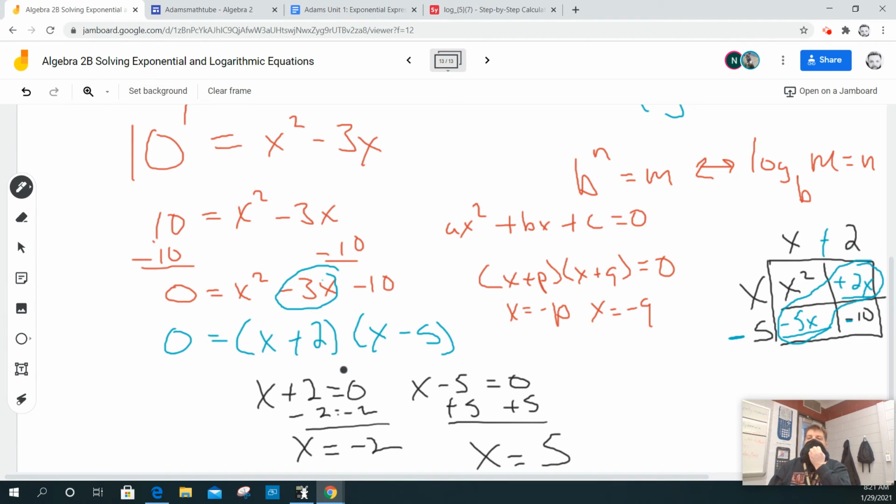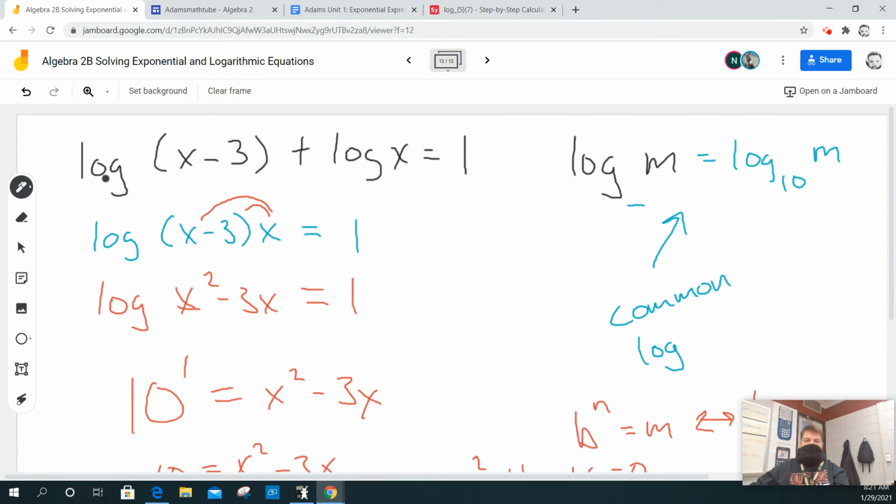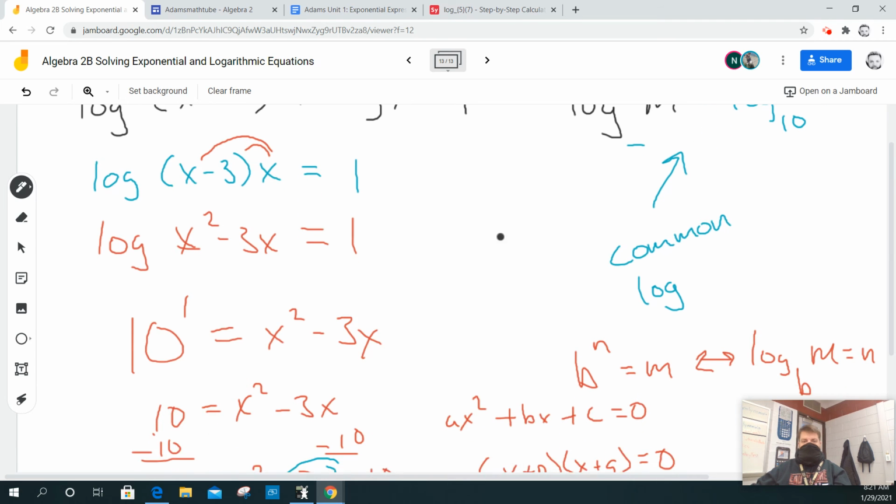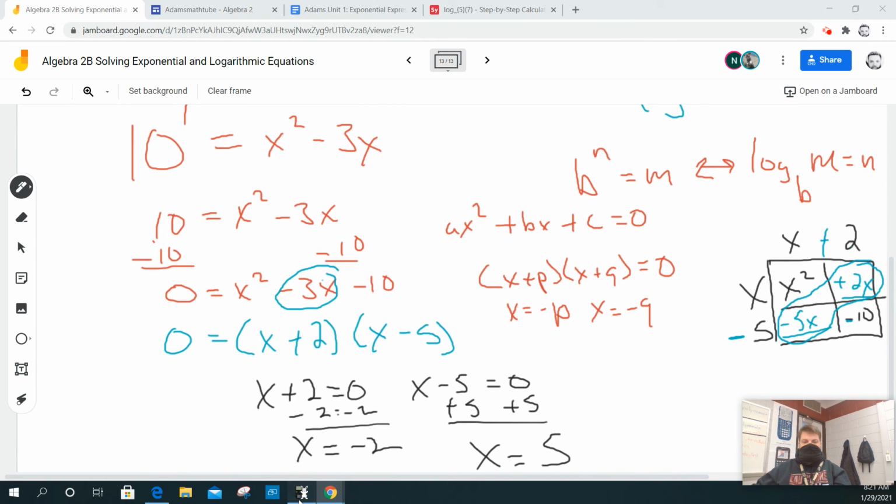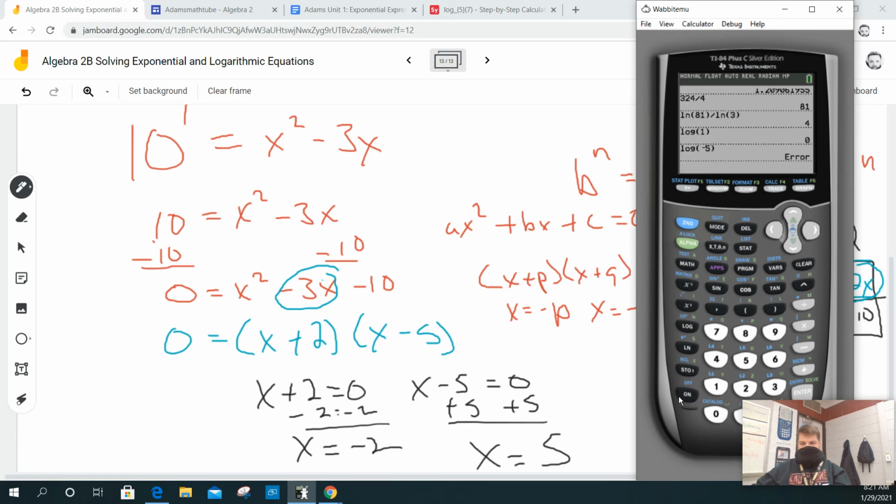When you've done all this work, you've got to go back and plug this into the original equation to see if it will work. So let's go back to the original equation. I've got log of x minus 3 plus log of x, that should equal 1. In other words, on my calculator, I'm going to do 5 first.